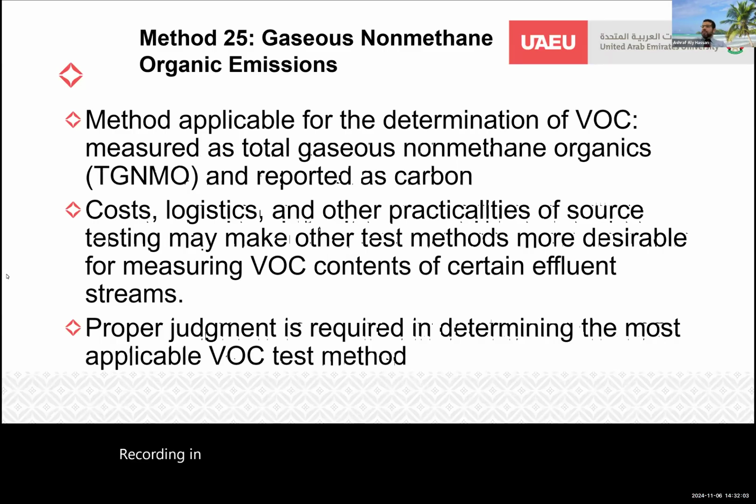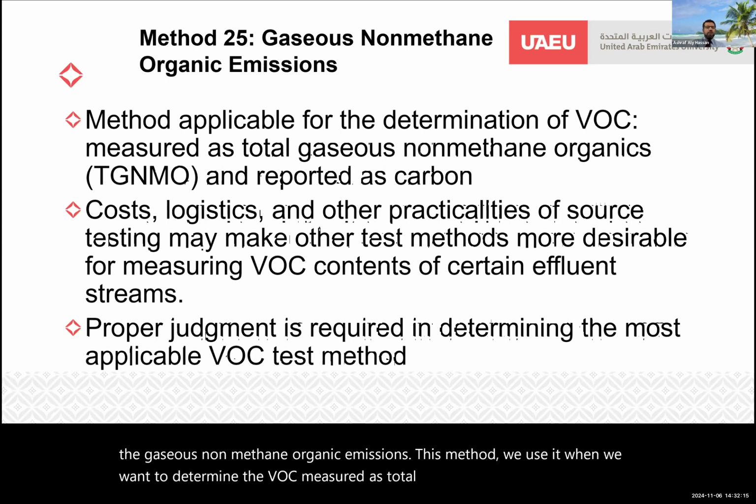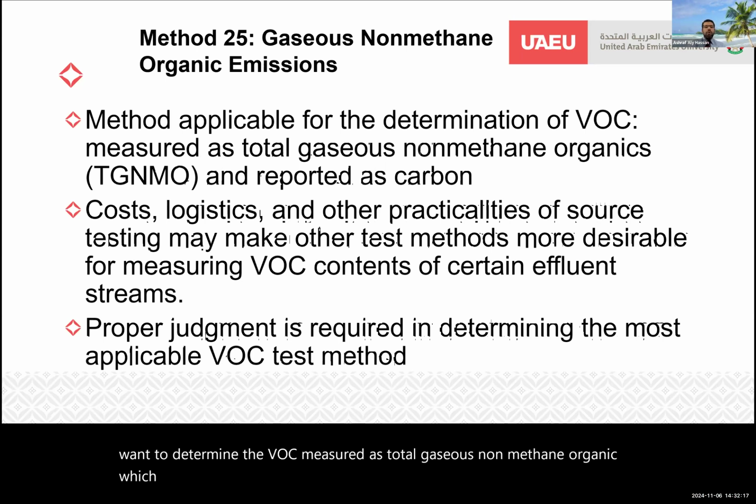So next method is Method 25, where we are looking at the gaseous non-methane organic emissions. We use this method when we want to determine the VOC measured as total gaseous non-methane organics, TGNMO, and reported as carbon. So what does that mean?